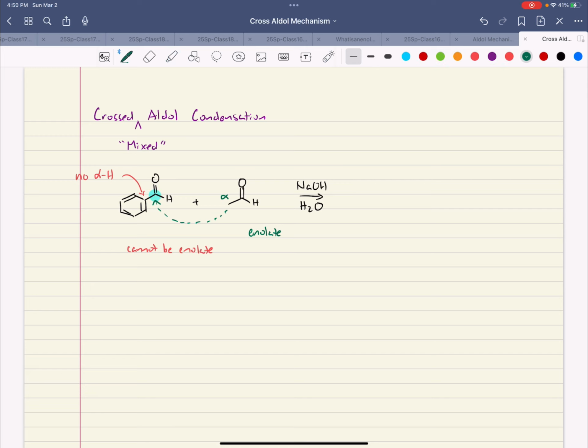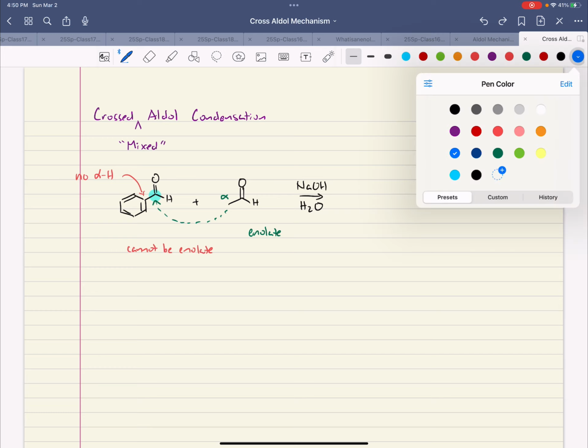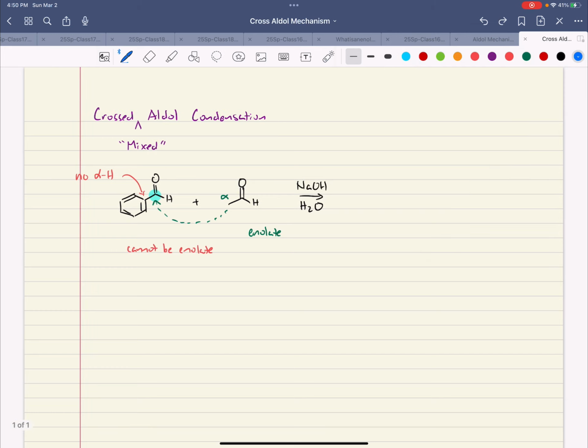Okay, let me draw you the product. Let me draw you the intermediate first. Because, again, with these reagents, typically you would stop at the aldol with the hydroxide.